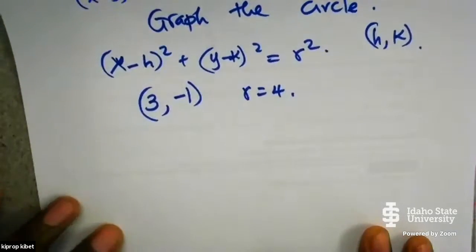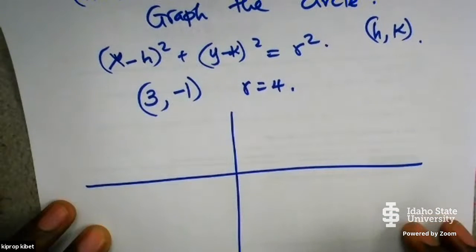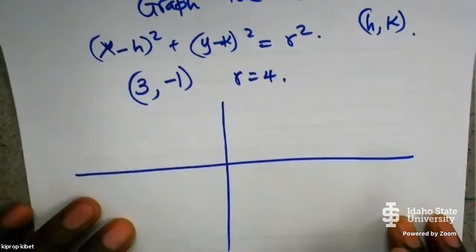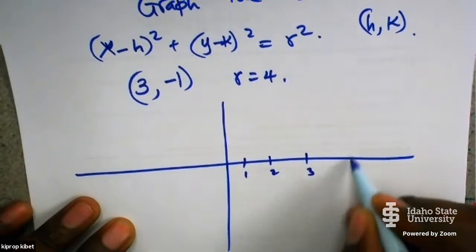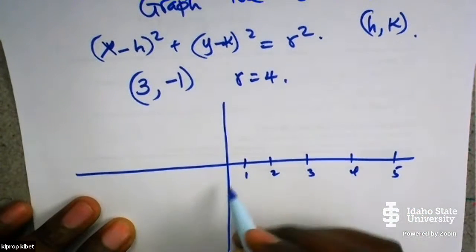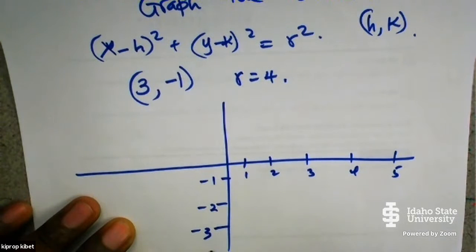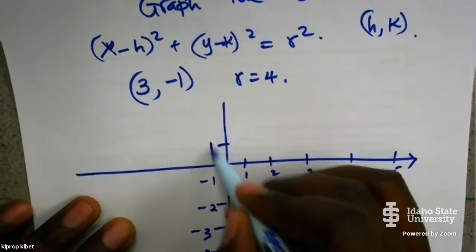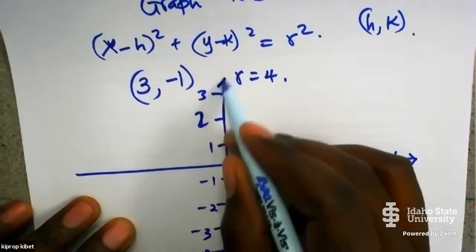So you go to the number line, and then you do what? So this is 1, 2, 3, 4, 5, and negative 1, negative 2, negative 3, negative 4.